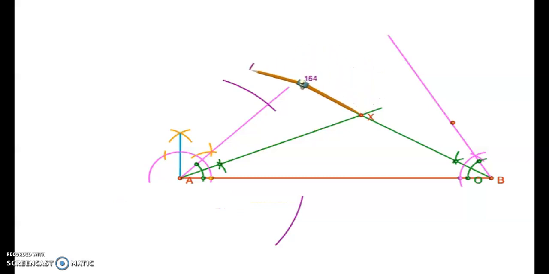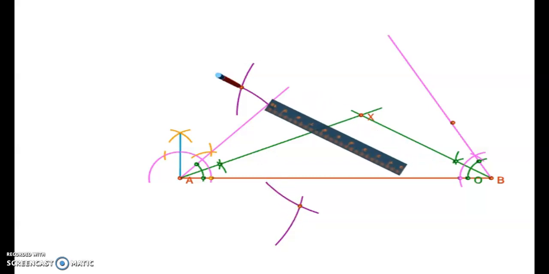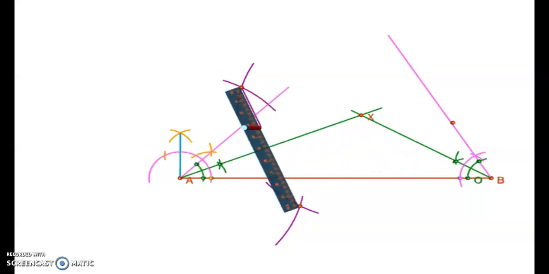Now with X as center, draw two more arcs with the same radius intersecting the previous arcs, and mark the points of intersection and join these two points to get the perpendicular bisector of the line segment AX.